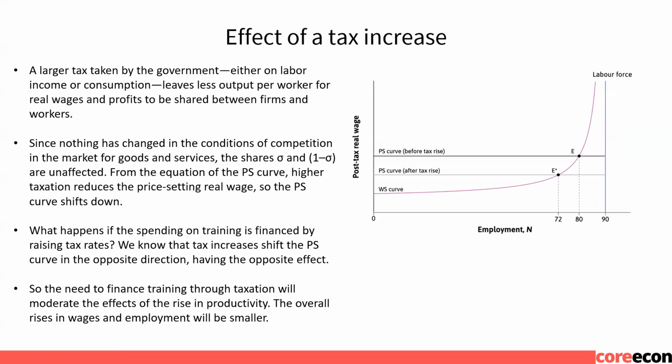So the need to finance training through taxation will moderate the effects of the rise in productivity. So if we are able to increase productivity with these taxes, while also generating some tax revenue through these increased taxes, then we will have a moderate or reduced impact on overall employment and the price setting curve, and the overall rise in wages and employment probably will be smaller.